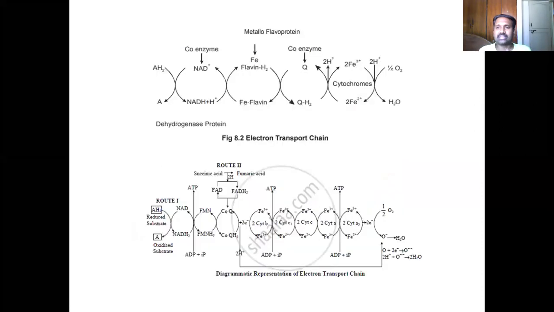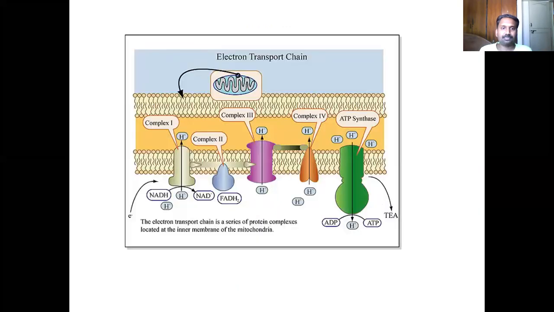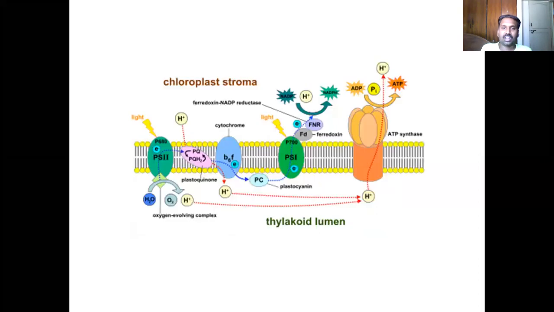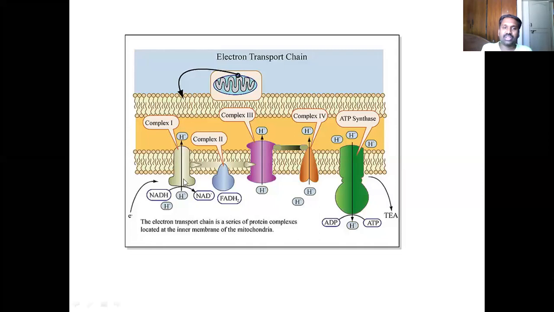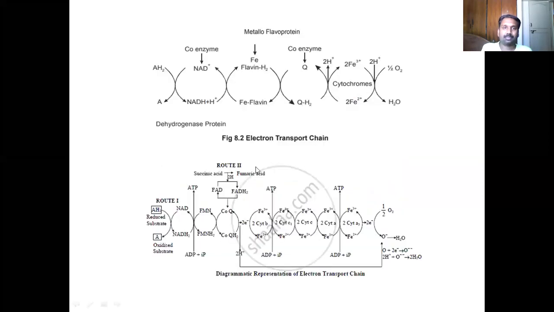The complexes of this electron transport chain are complex 1, complex 2, complex 3, 4, and the ATP synthase complex. How are these complexes named? Complex 1 is called the NADH dehydrogenase complex.